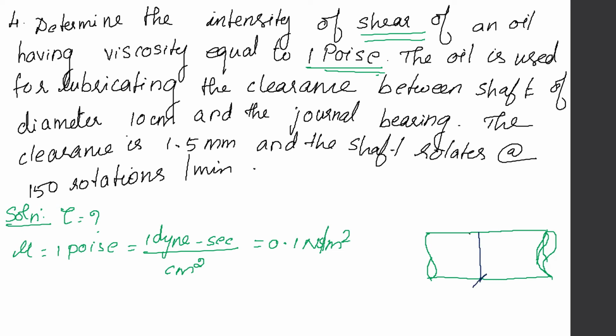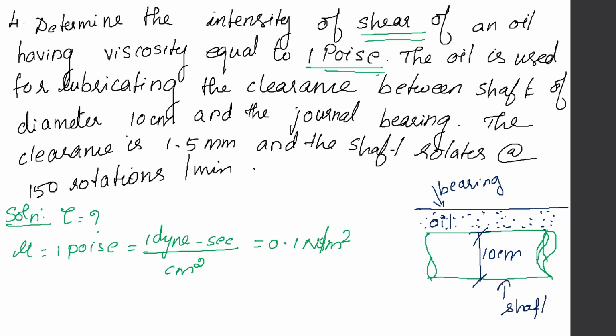You also have a journal bearing, so this is your bearing. The oil is used for lubrication, so the oil is between the shaft and the bearing. So this is your oil, this is your bearing, and this is your rotating shaft. The diameter is 10 centimeter.